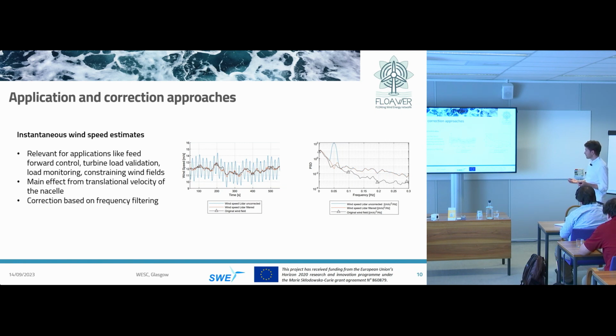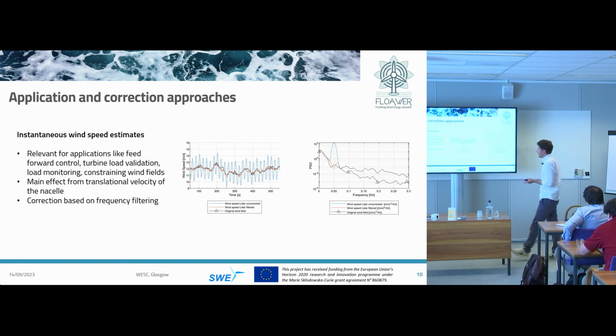And obviously, if we have these strong fluctuations here, so the blue line is an uncorrected measurement, then we can assume that there are effects from this motion influence for these applications. And here we tried a very simple correction approach, just applying a frequency filter.